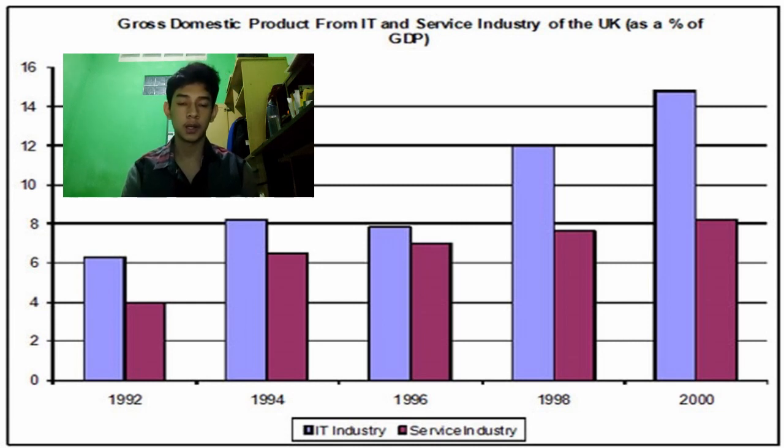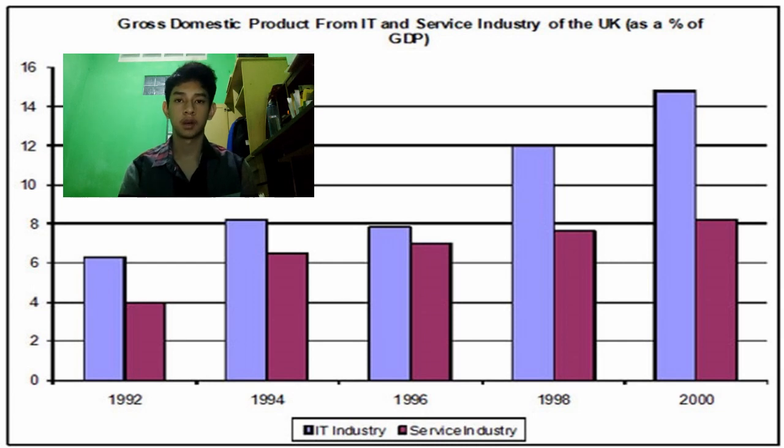The IT industry experienced a significant increase over the whole period of the survey, reaching its peak in 2000 while constituting about 15% of the country's gross domestic product.